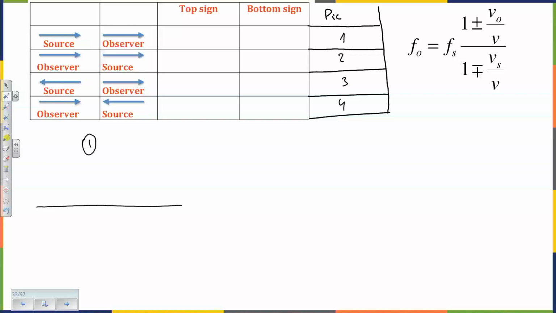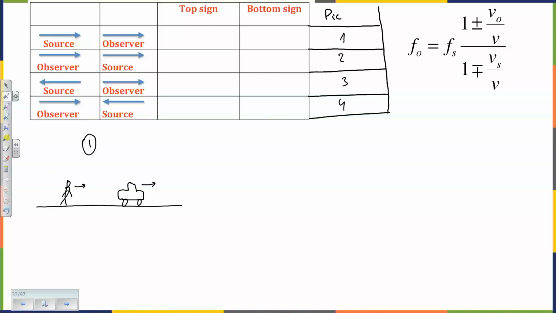We don't have time to go through all possible situations. In all my previous examples, the source was placed to the left of the observer. So now let's do it differently. Let's place the source to the right of the observer, but they travel in the same direction. This is a specific situation.